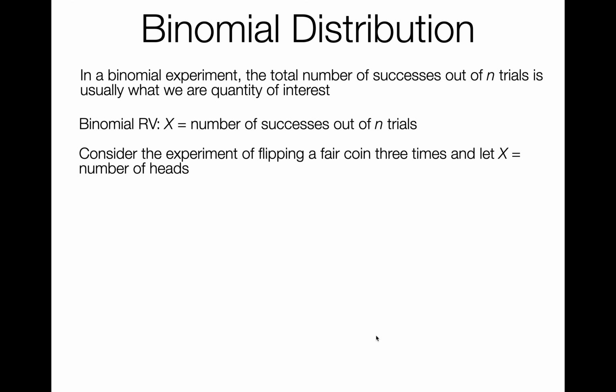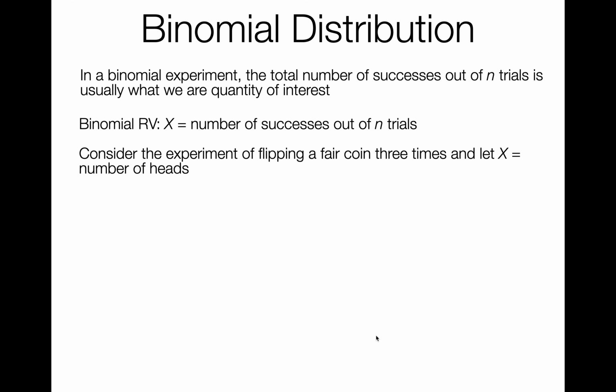As an example of quickly writing down what that random variable would look like, consider the experiment of flipping a fair coin 3 times and let X count the number of heads. We've had some experience with this. Actually, I might have done this in a previous section when we were talking about random variables generally.